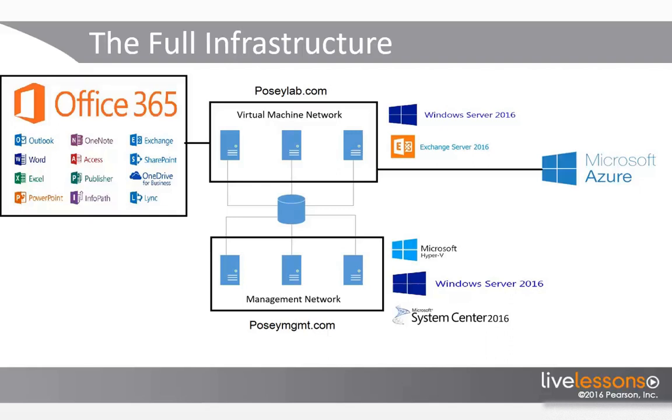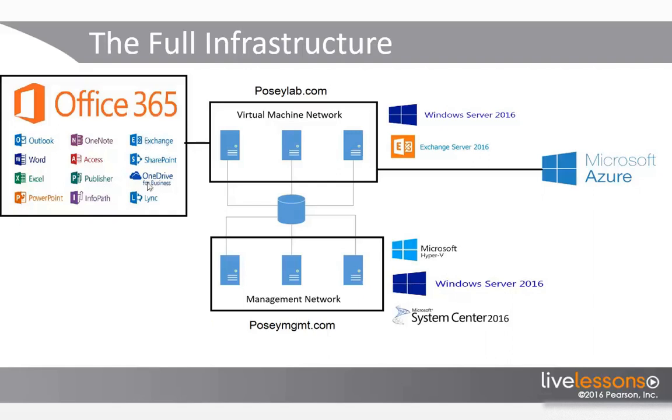But among the more core services that you're likely to get are things like the Microsoft Office applications, things like Outlook, Word, Excel, PowerPoint, OneNote, Access, Publisher, InfoPath. So those are the desktop software applications that you may get with Office 365 depending on which subscription you sign up for. But there are also server applications.